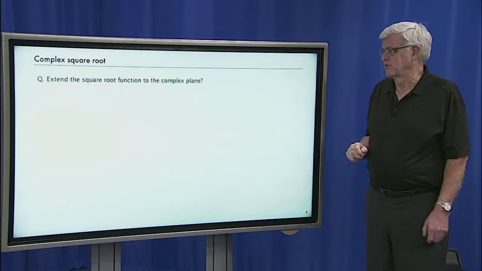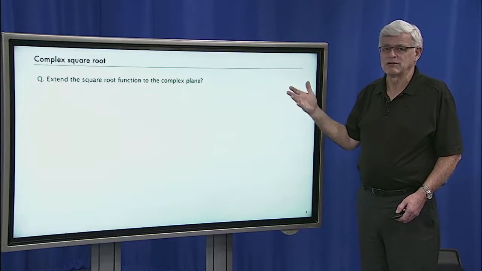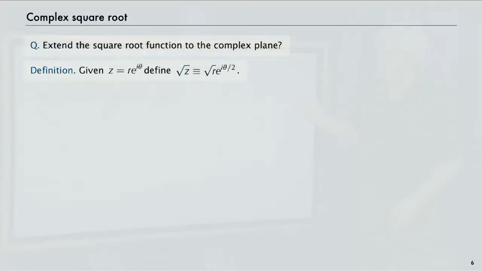And the first idea is, well, how do we extend the square root function to the complex plane? One thing you can do is use polar coordinates and write a complex number z as re^(iθ), or cosine θ plus i sine θ.